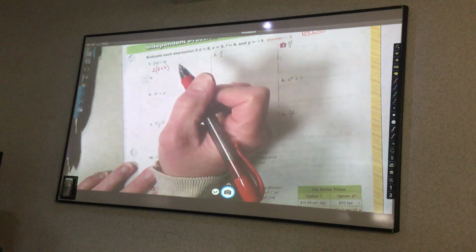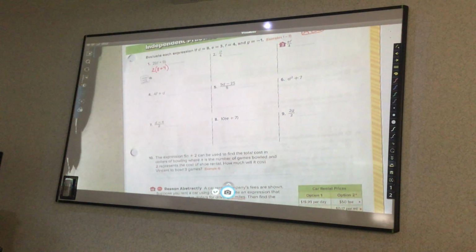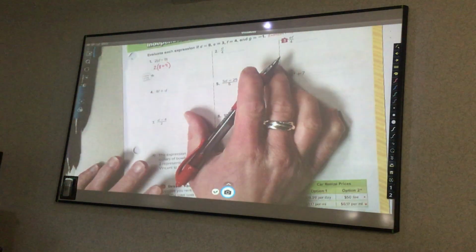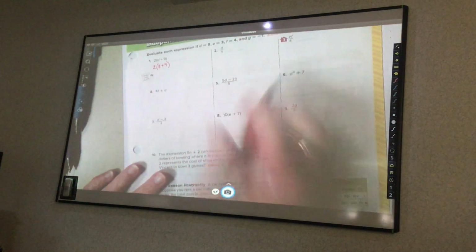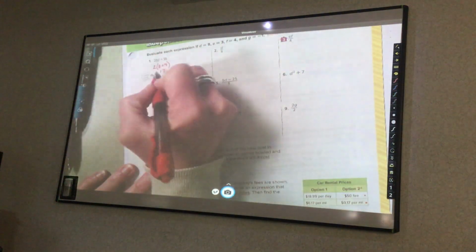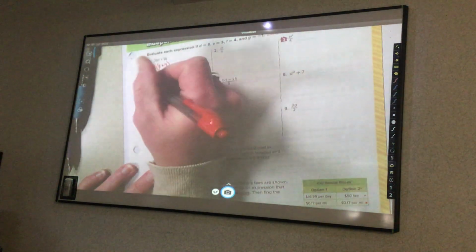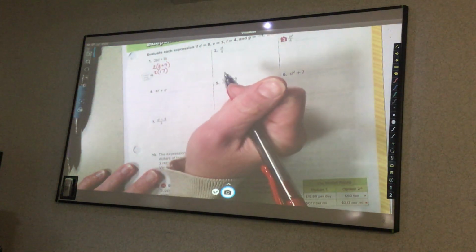Order of operations, you do what's in the parentheses first. So what is 8 plus 9? 17. So then I put the 17 in the parentheses. So 2 times 17 is what?